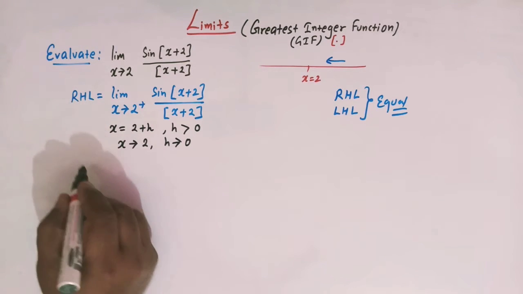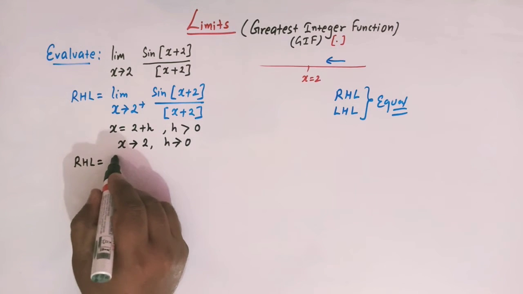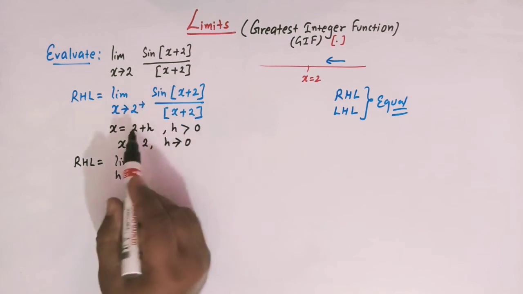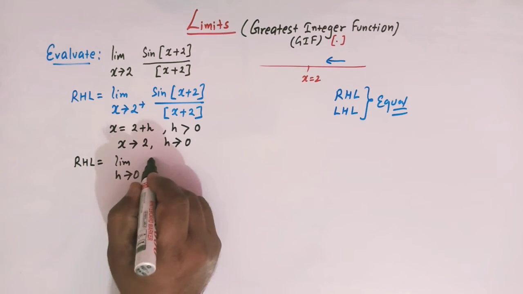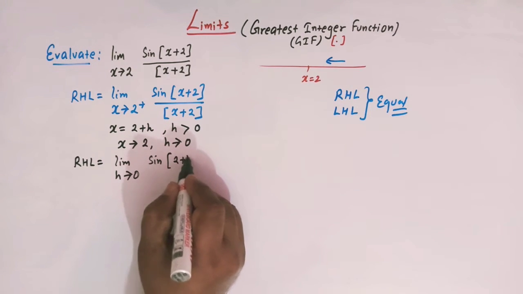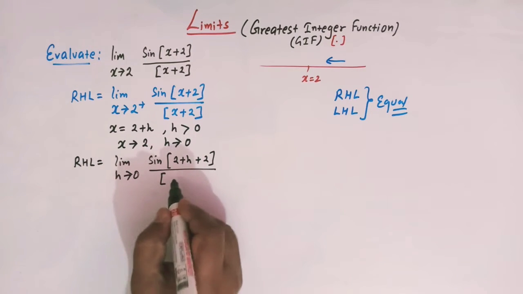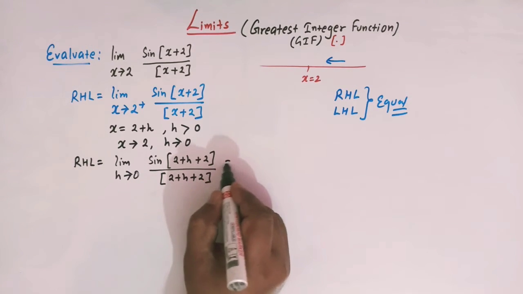So now when x tends to 2, obviously h tends to 0. This right hand limit can be written as limit h tends to 0, and for x we replace x by 2 plus h. So we have sin[2+h+2] divided by [2+h+2].